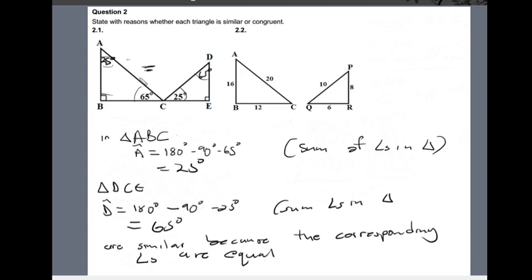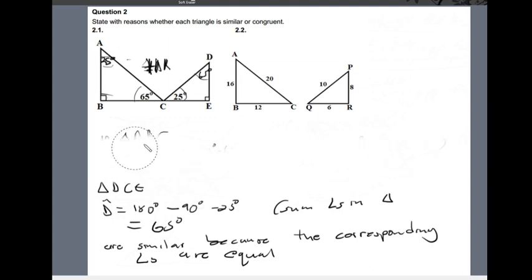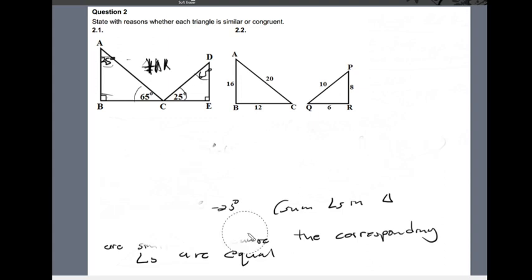These two triangles are similar, right? These two triangles are similar. So for 2.2, we also have to say whether these triangles are similar or congruent.